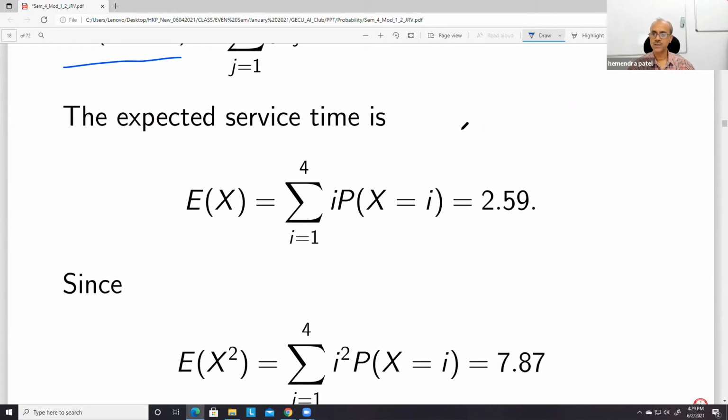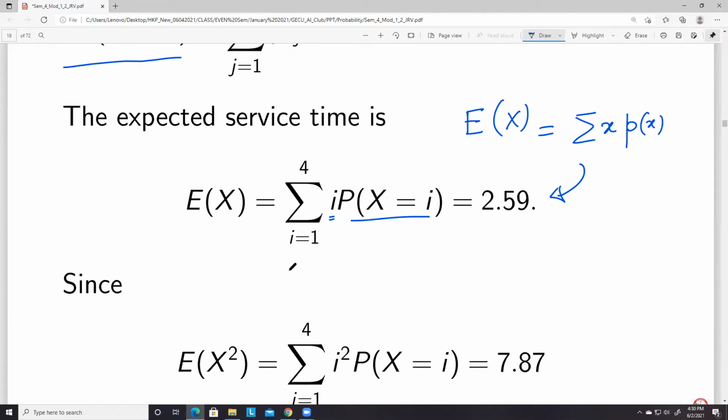Now the expected service time. We know that E(X) is equal to the summation of x P(x). We can use this here. X takes values 1 to 4, where x is i and P(x) is P(i).